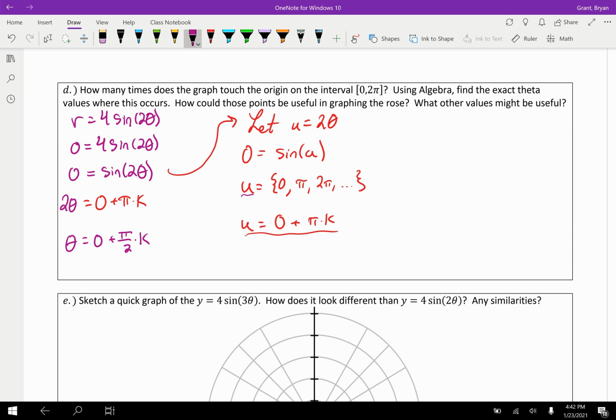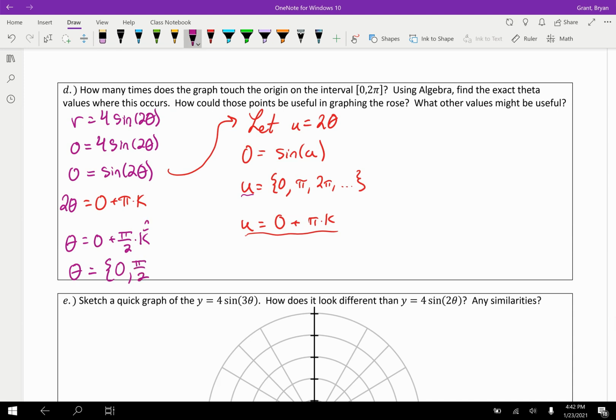Awesome, except we want to know how many times the graph touches the origin. It is an infinite number of times, but they said from 0 to 2 pi. So let's list them out. And we do that by picking values of k, usually starting at k equals 0. When k equals 0, this cancels and we get 0 plus 0, which is 0. When k equals 1, we get 0 plus pi over 2, which is pi over 2.